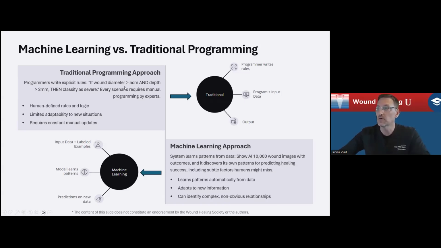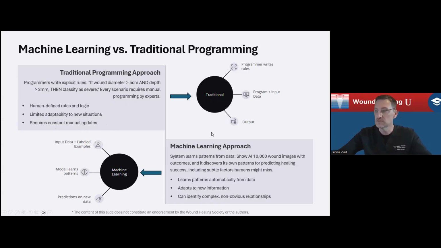And so you have to program and write this for every scenario, and there are thousands and millions of types of scenarios. So it's limited by human rules and logic, and by what a certain programmer or a group of programmers can foresee. It has very limited ability to adapt to new situations, requires constant updates, and cannot learn from new situations.